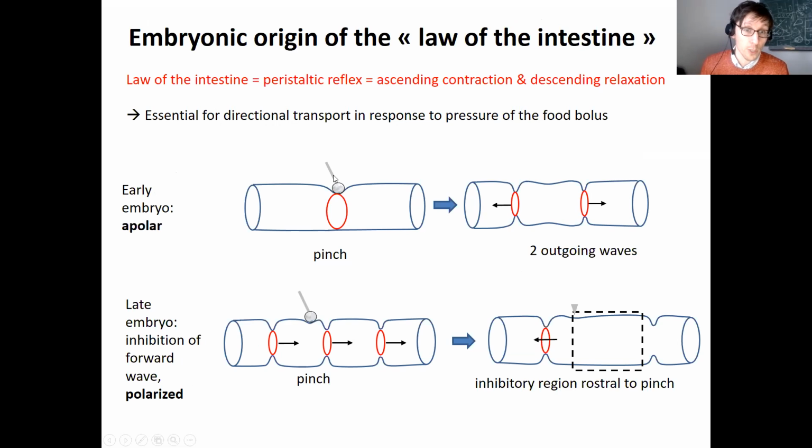Basically, in the early embryo, we pinch, we get two waves. It's a symmetric reflex. In the late neurogenic embryo, we pinch, the wave going towards the stomach still contracts. There's an ascending contraction, but the wave going aborally is inhibited by neurons. We get the descending relaxation.